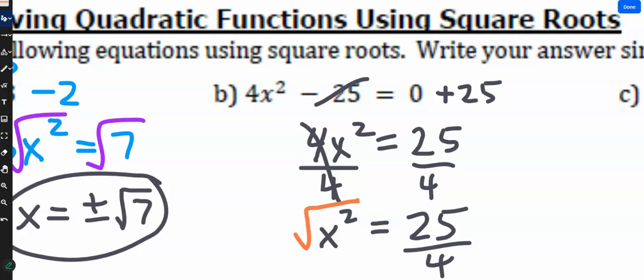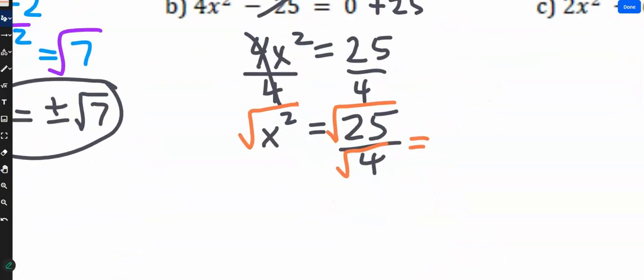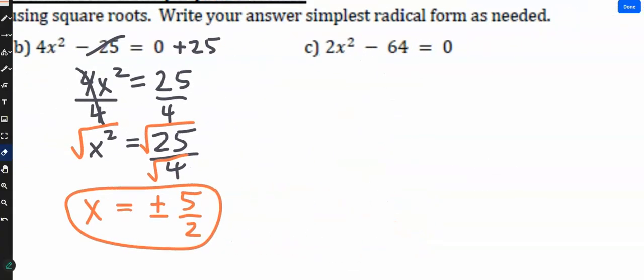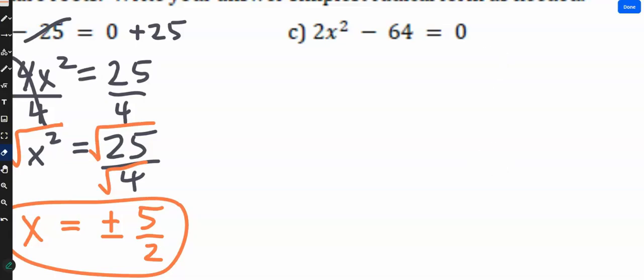When you go to take your square root, just remember, you're square rooting everything, both the top and the bottom. So x equals plus and minus 5 over 2. If you leave it as a fraction, it'll be much easier to solve. Don't make it all weird.